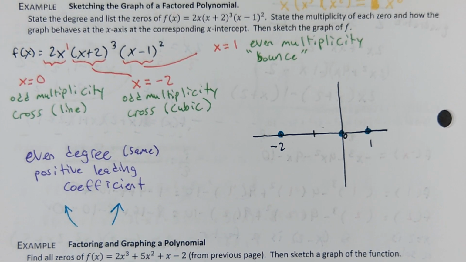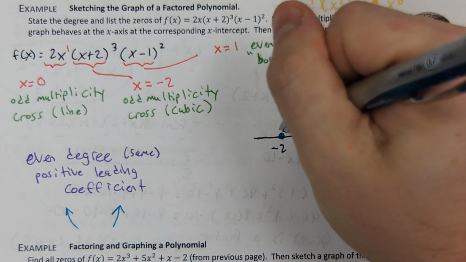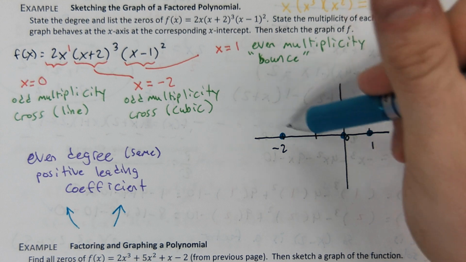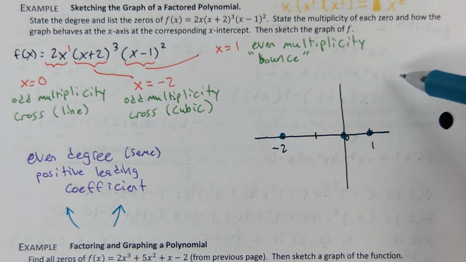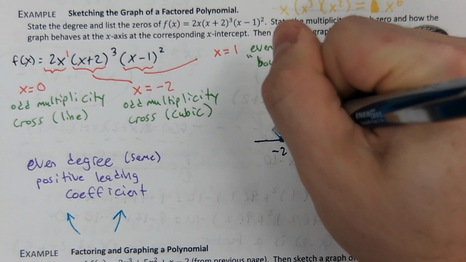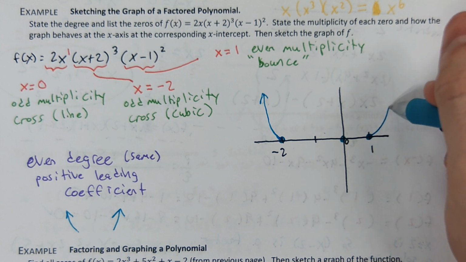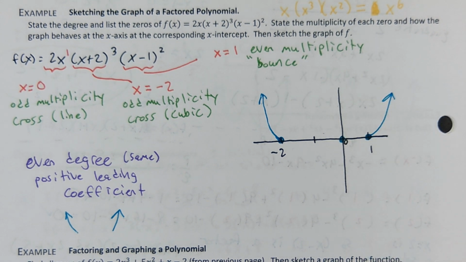We go back to our cheesy XY axis, and we know that we have this kind of scenario up at both of those zeros. Let's see, so like up here and up here, like that.